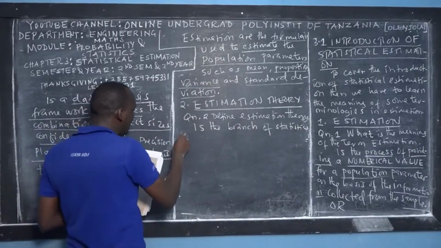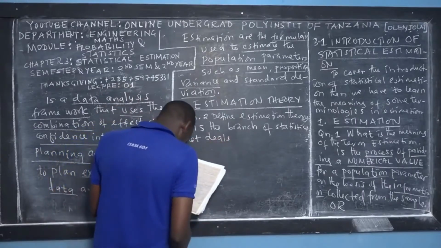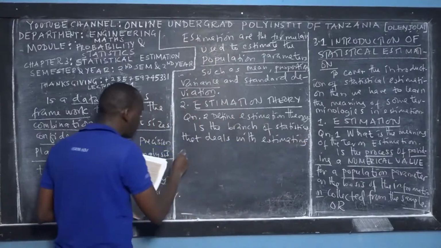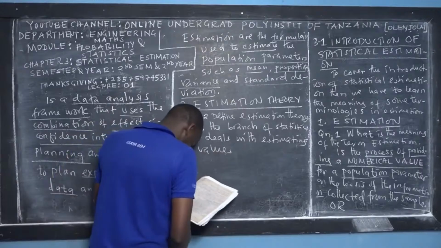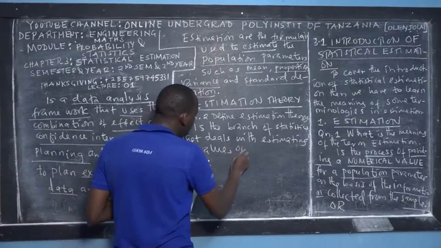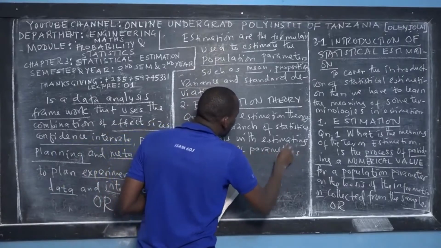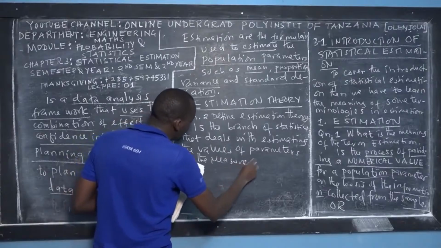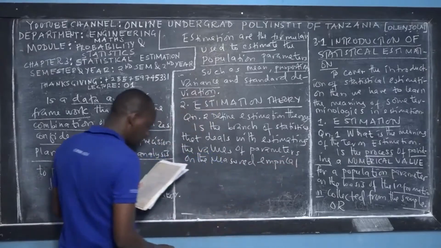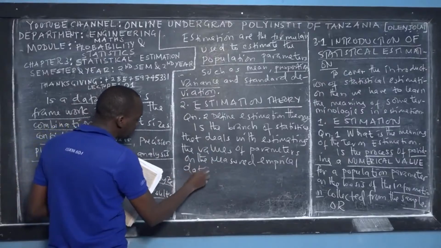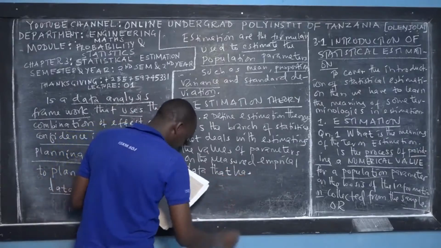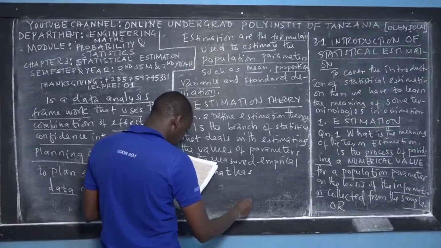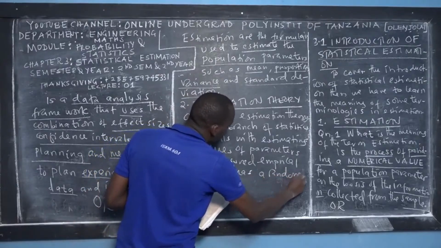It is a branch of statistics that deals with estimating the values of parameters based on measured empirical data that has a random experiment.